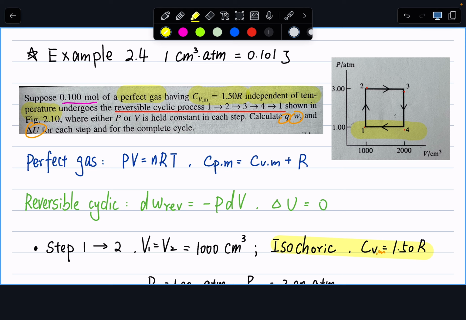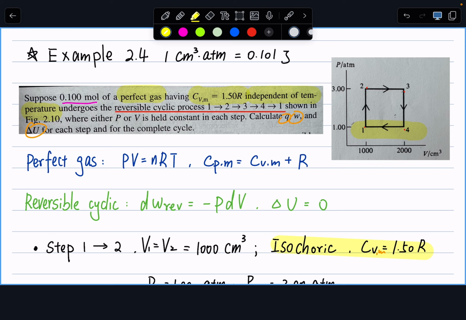We get 2.5 times, well, pressure is the same, 1 atm, and my V1 minus V4. And again, you can plug the numbers into the calculator. You'll get something like negative 253 joule.